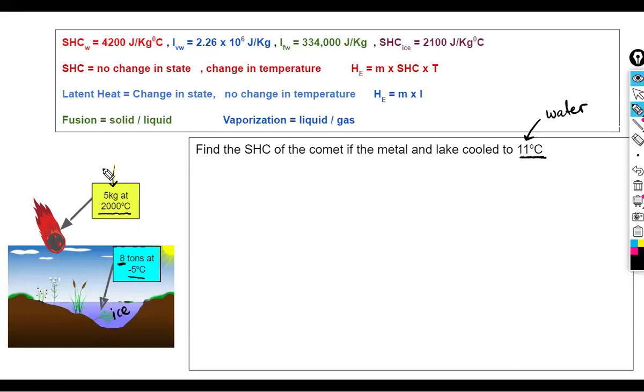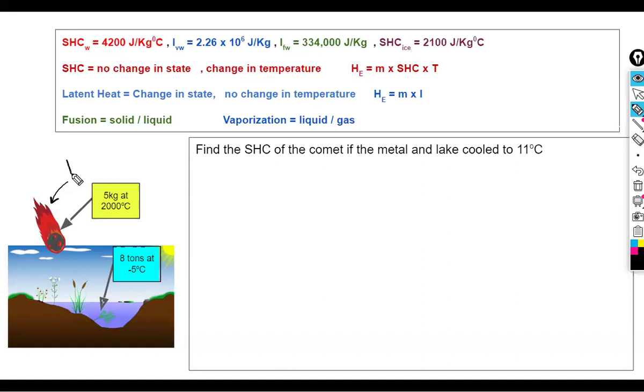I want you all to write out the question. If you can draw a nice little diagram here, take down the question and let me know when you are ready. Remember, energy lost is equal to energy gain.